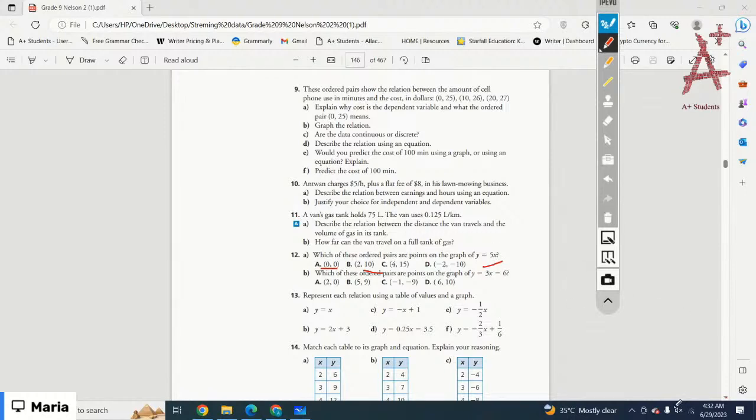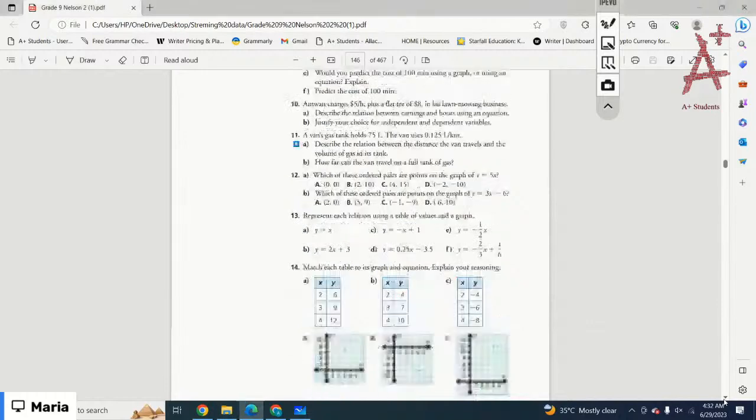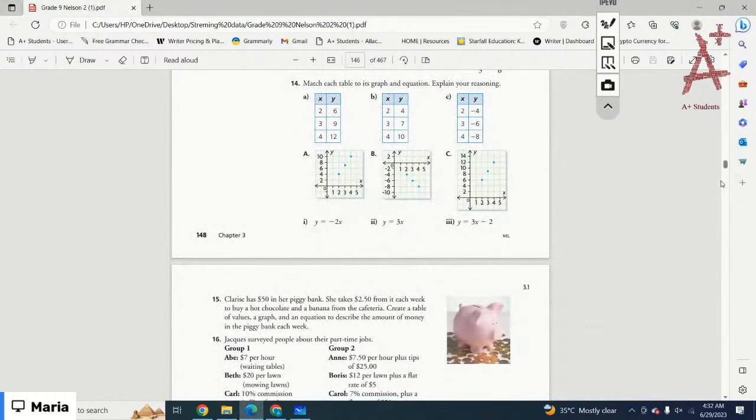The next one is: match each table to its graph and equation. Explain your reasoning. You have to match the graph by just looking at the points. It would be 2 and 4.